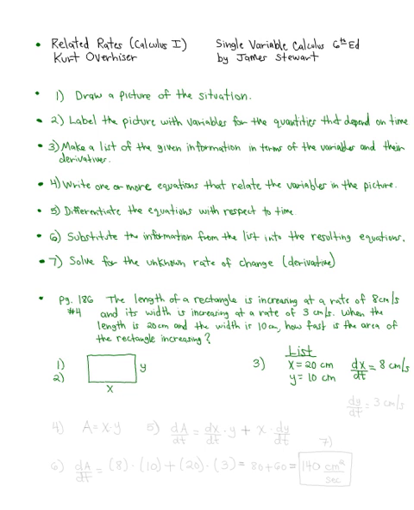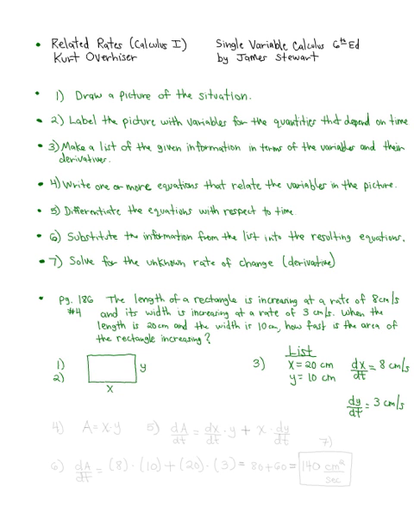And also the width is increasing at a certain rate, so that represents the derivative of y with respect to time, and that rate is going to be 3 centimeters per second. So you can see that we have used all the numerical information that's given in the problem. We've made our list with 4 things in it: x, y, the derivative of x, and the derivative of y.